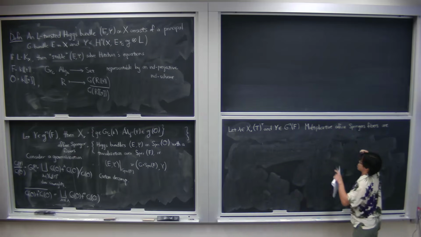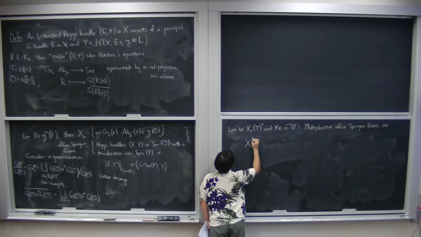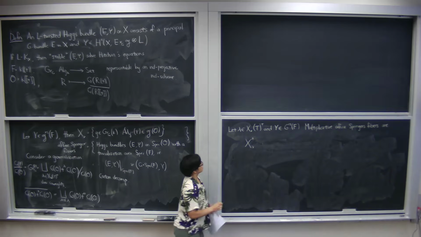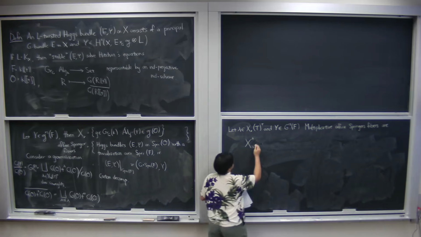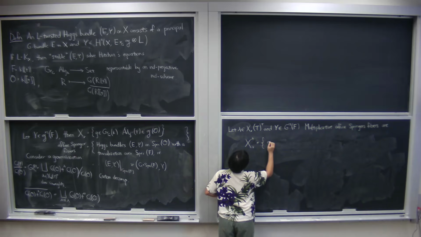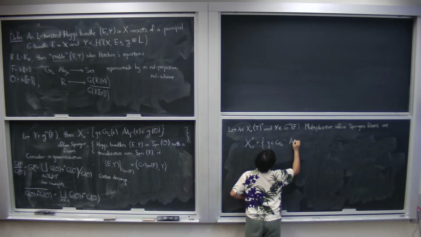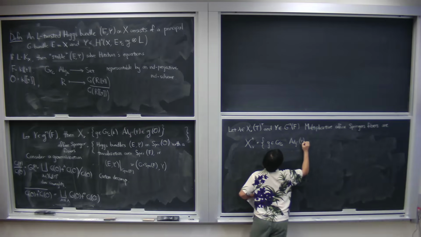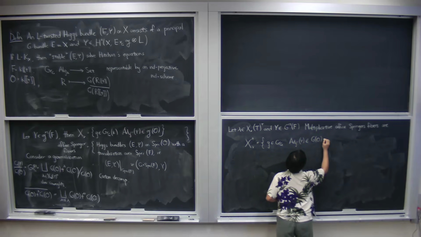Now my multiplicative affine Springer fiber depends on two different parameters, a lambda and a gamma, and it takes all g in the affine Grassmannian such that g inverse gamma g lies inside one of these affine Schubert cells.